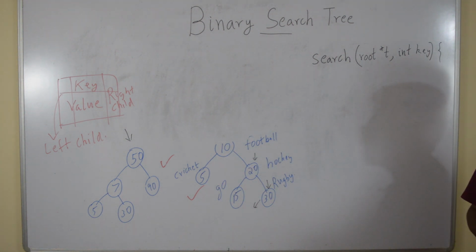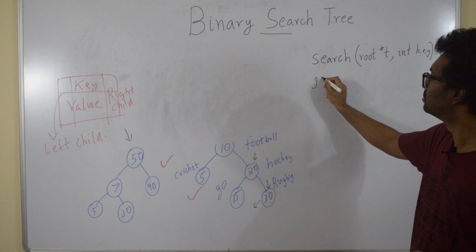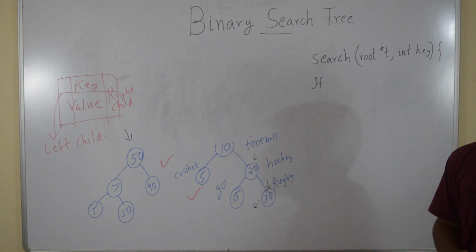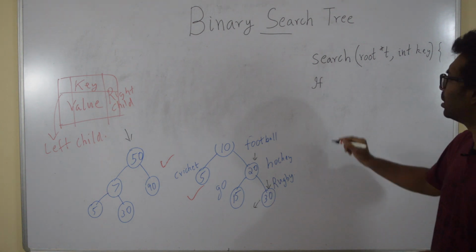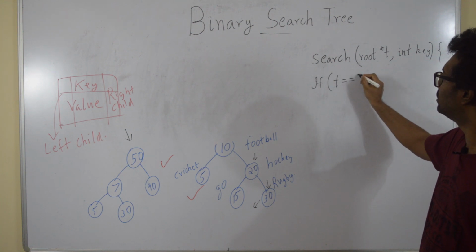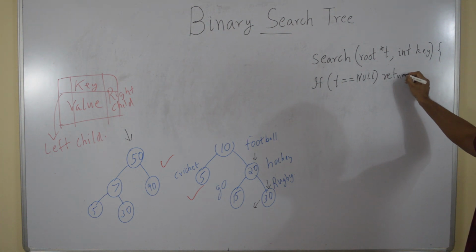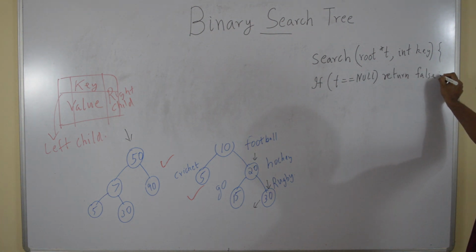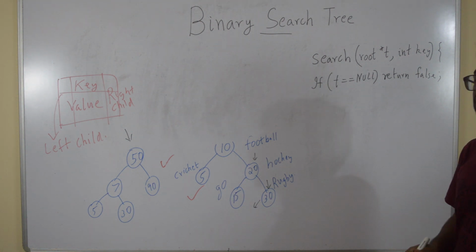Now what do I do? First of all, if t is null, I'm going to return, because that's what my base case is going to be. If t is equal to null, I'm going to return false, meaning the word is not there, or this number is not there in this dictionary.